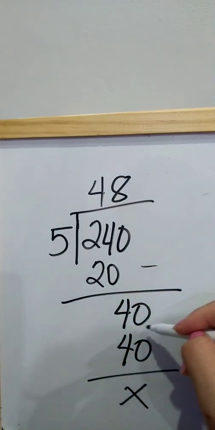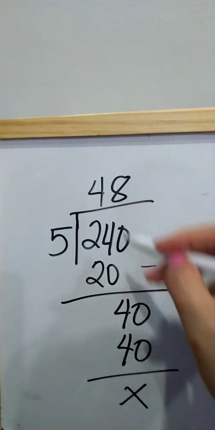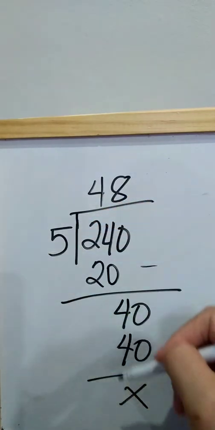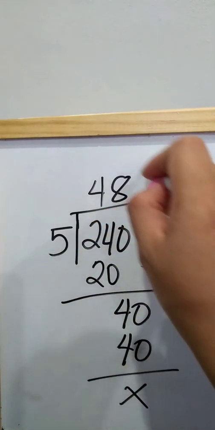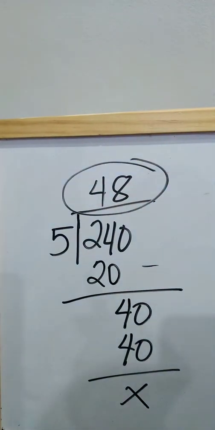So 40 divided by 5 is equal to 8, and 8 times 5 is equal to 40. So the answer is 48.